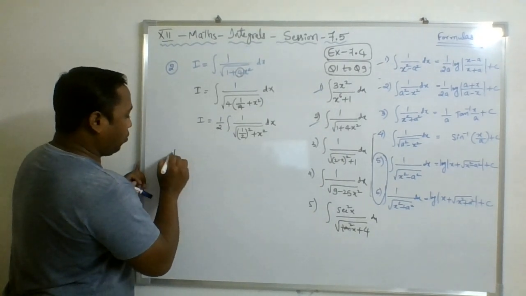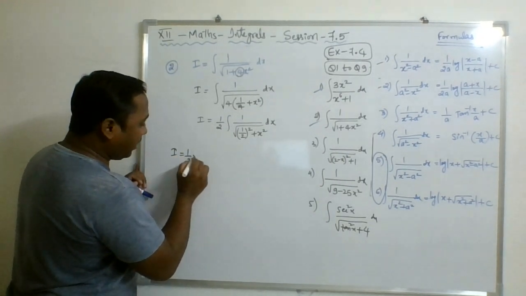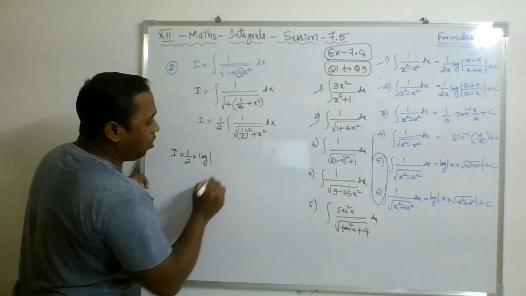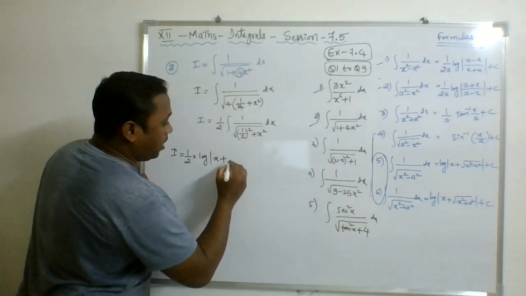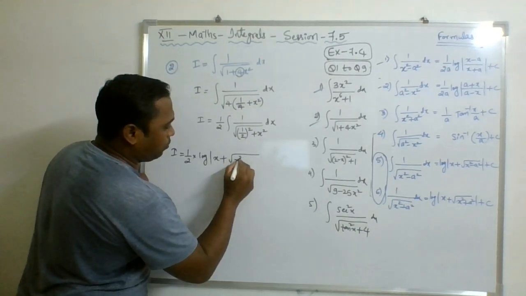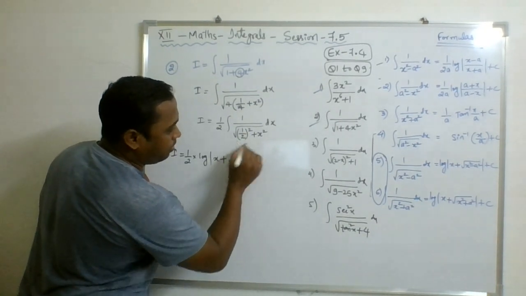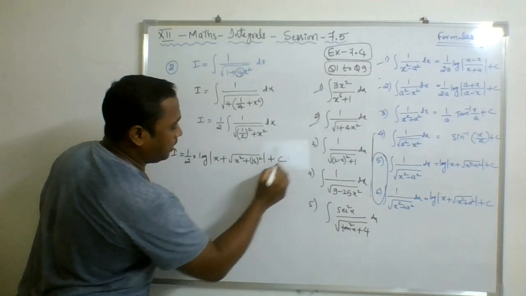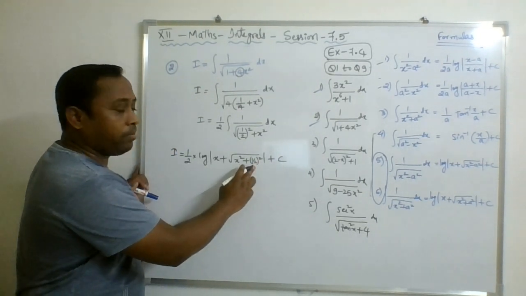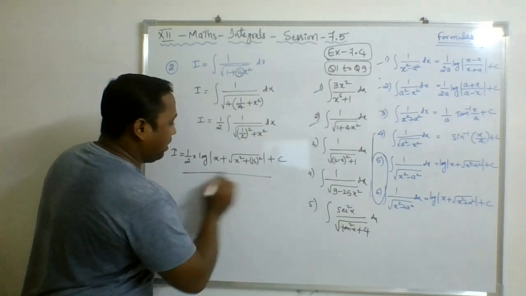So I is equal to 1 by 2 into log of modulus x plus under root of x square plus a square. A square means 1 by 2 the square as it is. Plus c. You may also write it as 1 by 4. This would be the final answer.